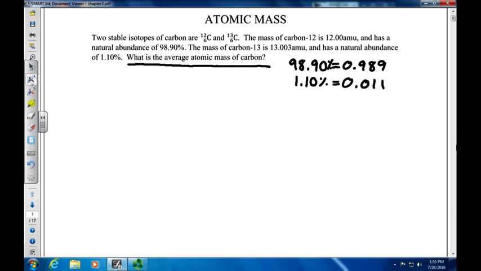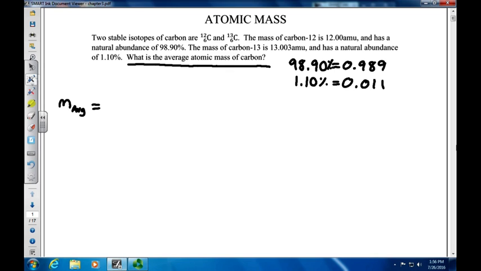So once we've determined that this is the appropriate decimal equivalency to the percentages given, we can look at getting our average mass. And the formula for average mass in this case, when concerning isotopes, we're going to say mass average is equal to the mass of each specific isotope multiplied by their respective abundance, which is why we wanted to convert the percentages to decimal.